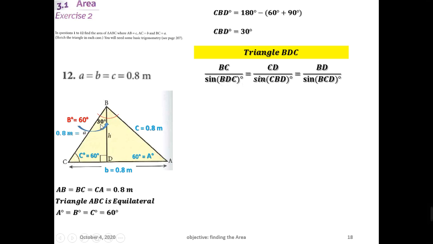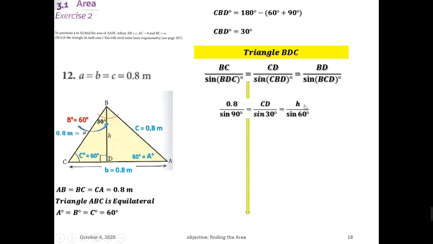Angle CBD is 30, so it's going to be CD over sine of 30 degrees. BD is equal to H, so BD is going to be replaced with H over sine of BCD. BCD is equal to 60, so over sine of 60. So when we substitute, we're going to end up with this.